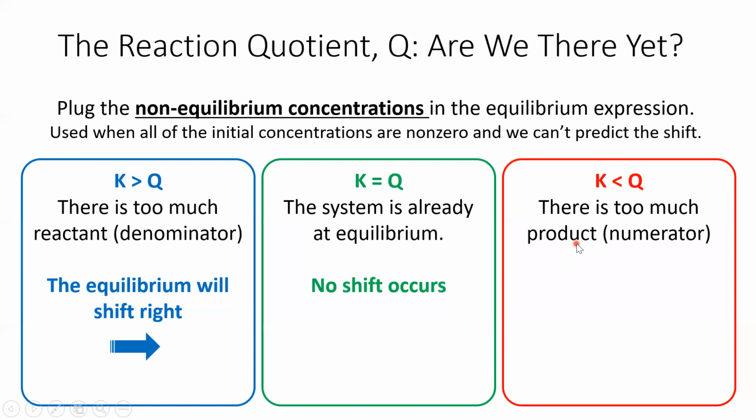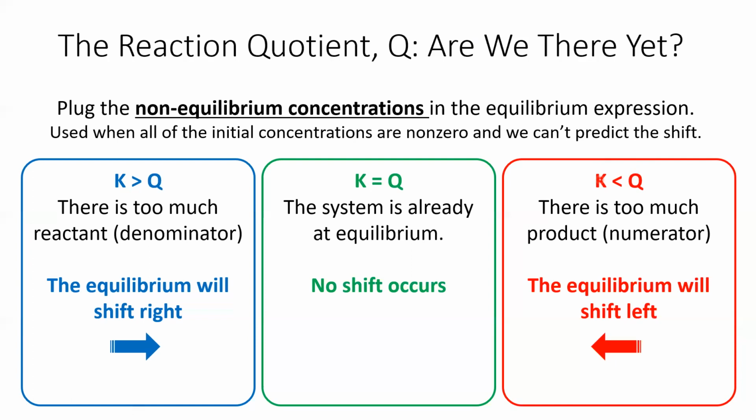So we're going to want to decrease product and increase reactant, which means the equilibrium is going to shift towards the left. As this happens, the products go down, the reactants go up, and Q becomes smaller and smaller until eventually Q equals K and the system's at equilibrium.